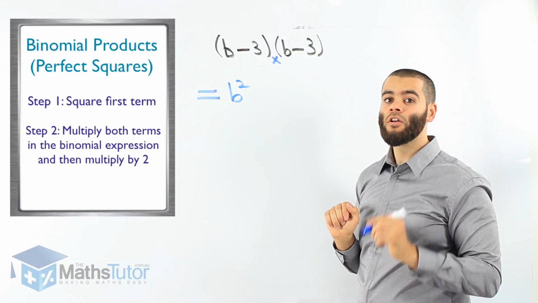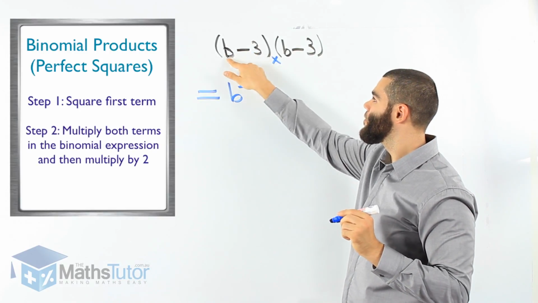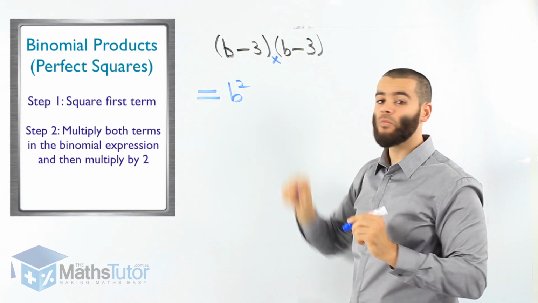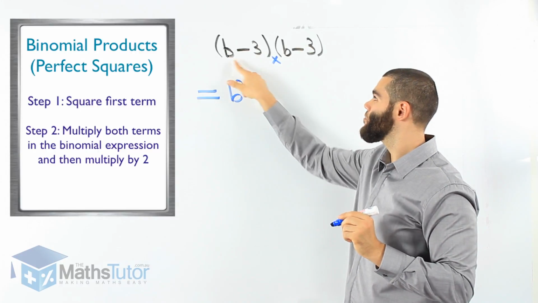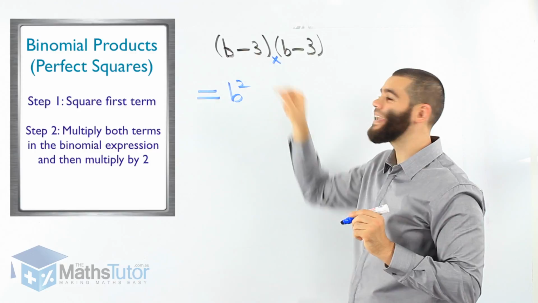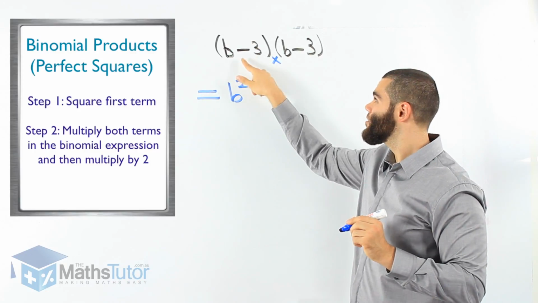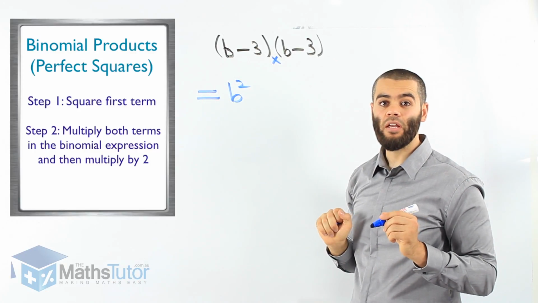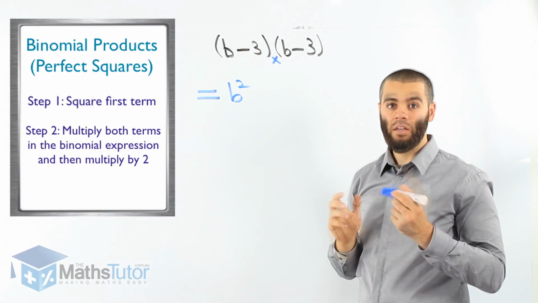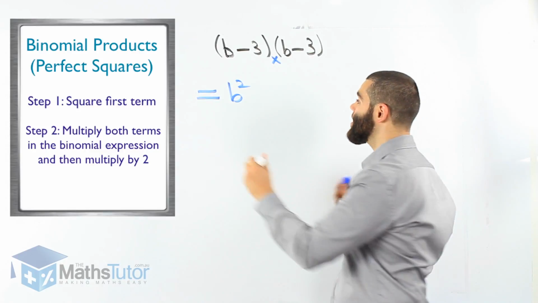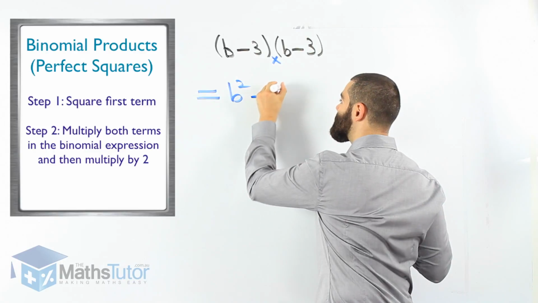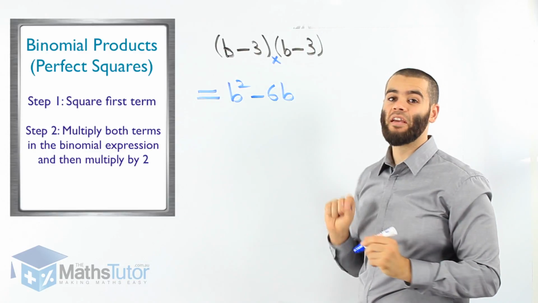Step 2. We multiply the two terms together. b times negative 3 is negative 3b. Negative 3b times 2 is negative 6b. That's the second step.